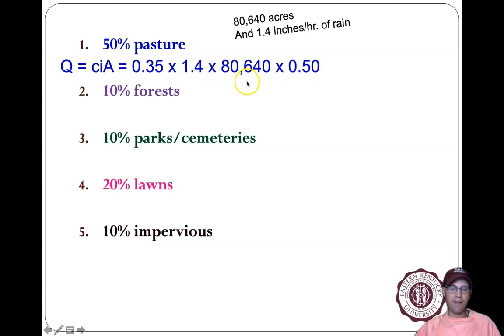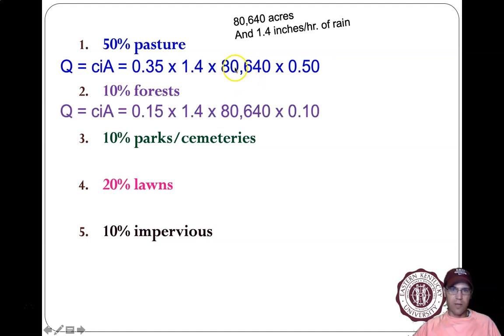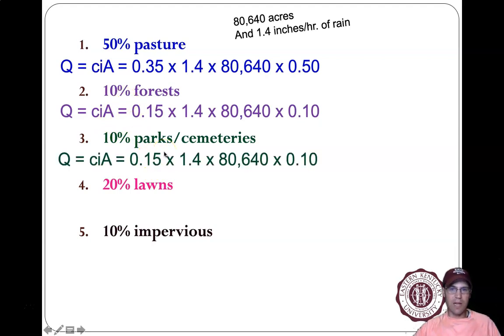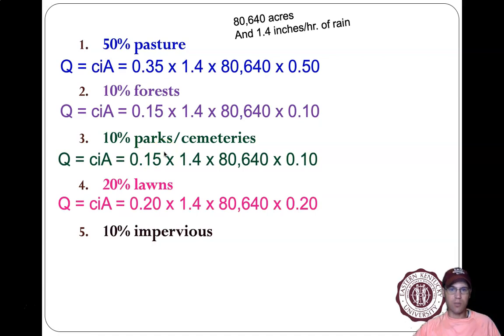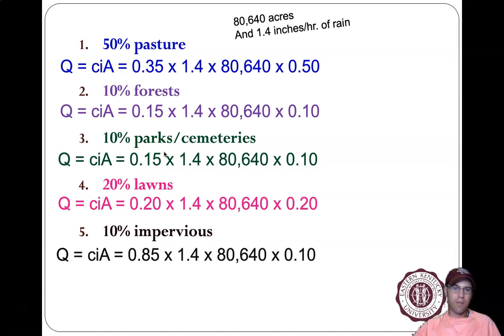It's half of the area, so it's more like 40,320. How do we account for that? We just multiply by 50%. Forest, we multiply by 10%. So it's Q equals CIA, but the A has to reflect that 10%. Parks and cemeteries, we're going to multiply it at the end by 10%. Lawns by 20%. Impervious by the 10%.